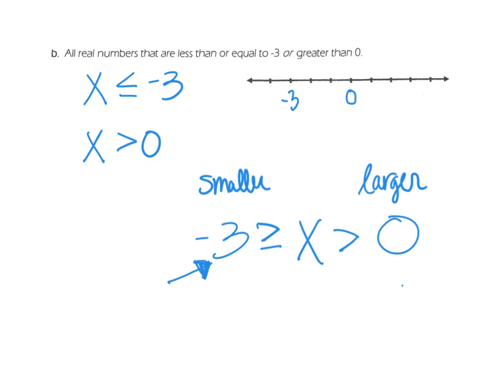X is less than or equal to -3. Closed circle, less than, left, lower. X is greater than 0. Open circle, greater than, to the right. My solutions are anything smaller than -3, and my solutions are anything bigger than 0.